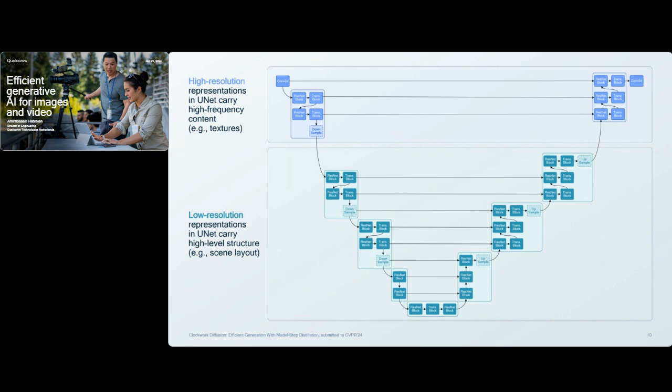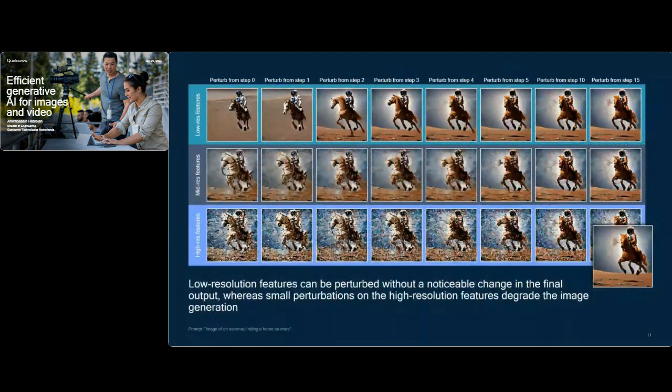And we verified this intuition by doing a small analysis, as I show here. We introduce the same amount of perturbation, which is actually just some noise to simulate the distillation error, because when you distill a teacher into a low-capacity student, there are always some errors.